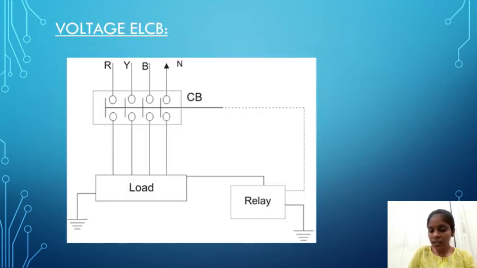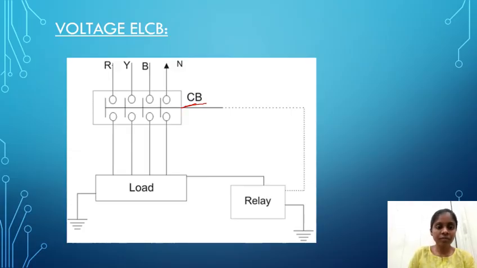This is the circuit diagram of the voltage ELCB. This voltage ELCB consists of a circuit breaker, here it is, and there are three phases R, Y, and B, and N also. There is a load, and there is a relay, and the relay is connected to ground.